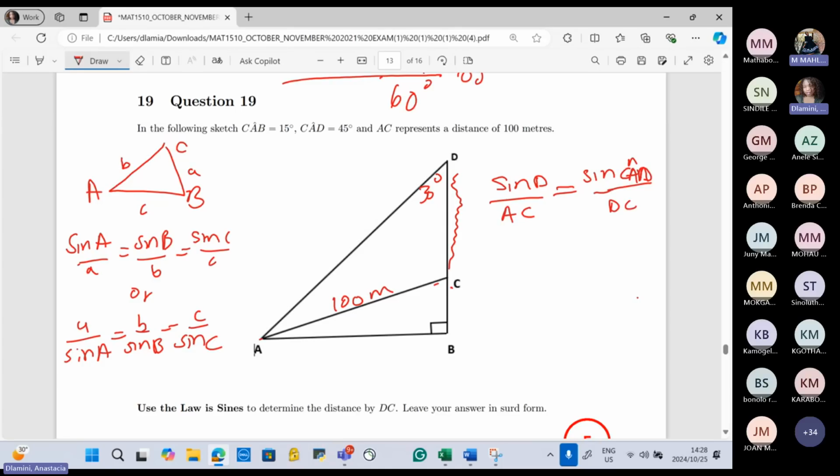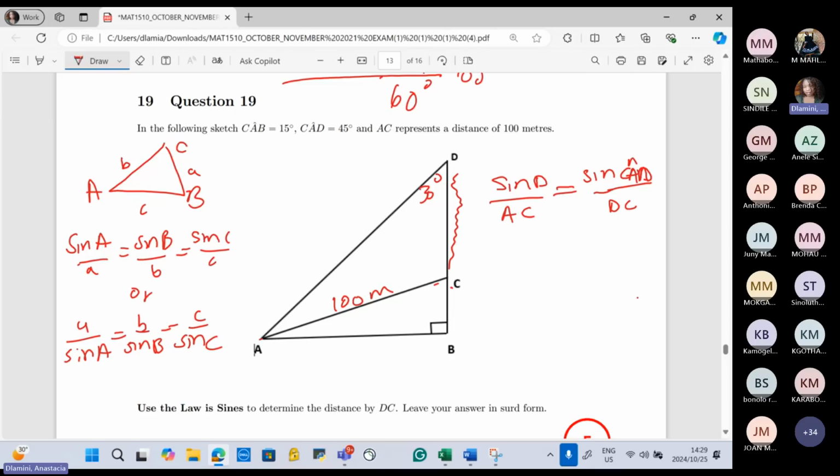Okay, now let's substitute. We're going to have sine 30 over 100 equals sine 45 over DC.